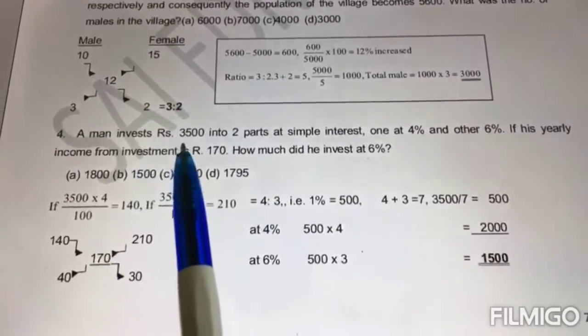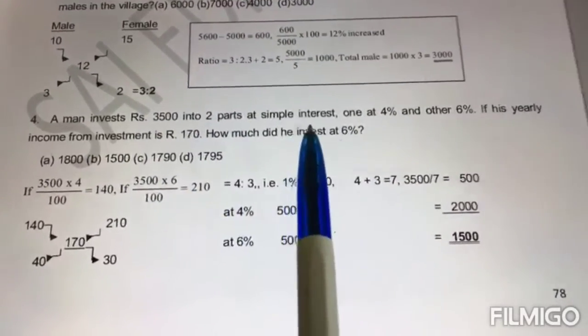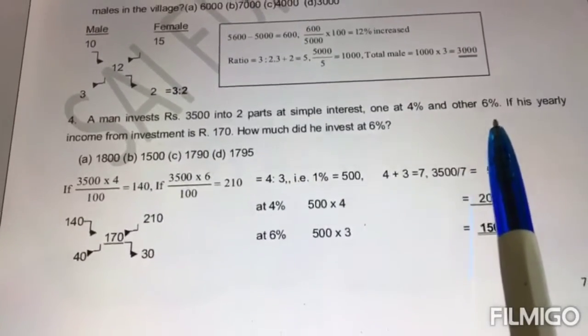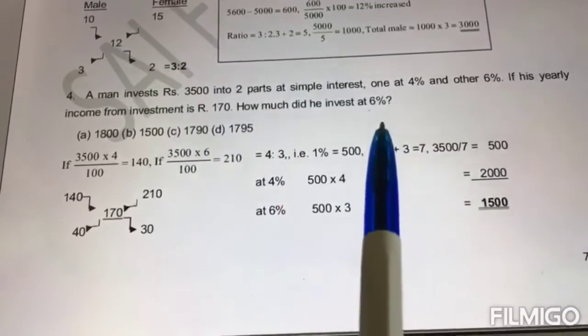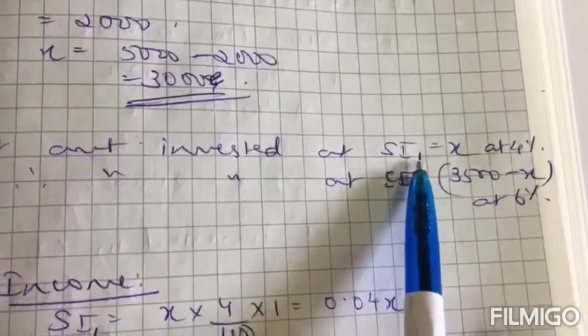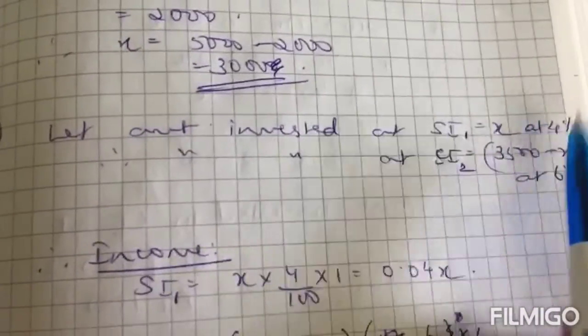A man invests rupees 3,500 in two parts at simple interest, one at 4% and the other at 6%. If his yearly income from investment is 170, how much did he invest at 6%? Right. So let the amount invested at simple interest in the first case be x rupees, which is invested at 4%.